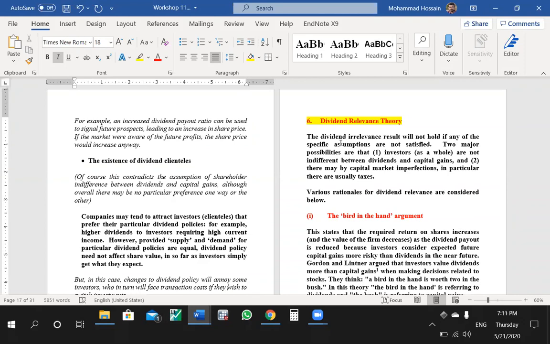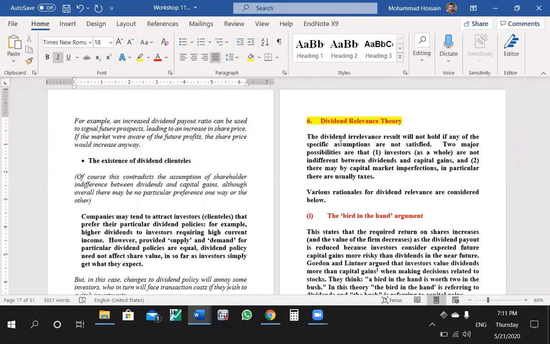So now they have different types of theories about dividends. First approach is the bird in the hand argument. So why do they think dividend is important? Bird in the hand argument in the sense that whatever you have within your hand, grab that first. Share price might go up or down.